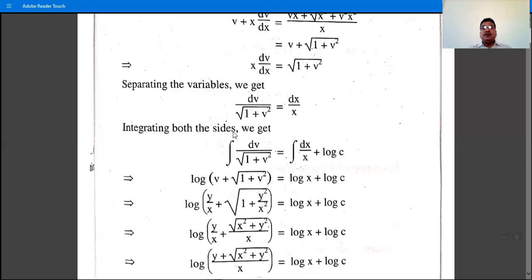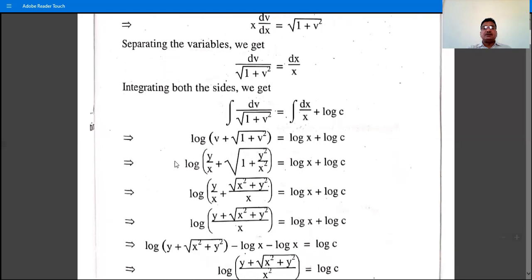By using that rule, a is now 1, so we get log v plus root 1 plus v square is equal to integration of 1 by x, which is log x, plus log c, the constant of integration. Then resubstitute v as y by x. So we have log y by x plus root 1 plus y square by x square is equal to log x plus log c.